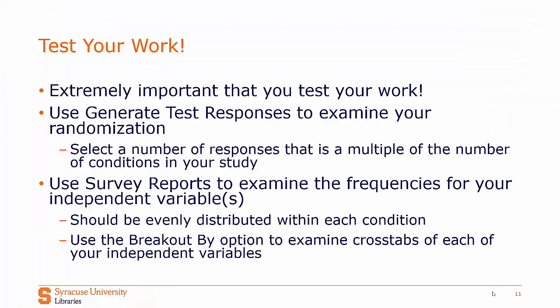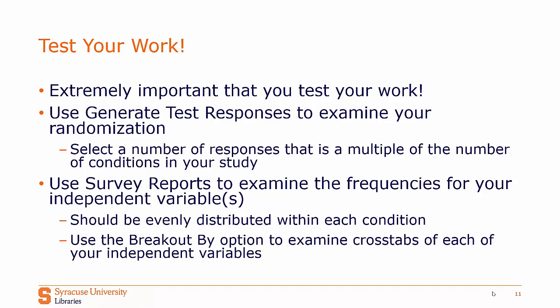Now that you've created your instrument and all of your survey flow, it is vitally important that you test your work before you distribute the survey. You can use generate test responses to examine your randomization. You should select a number of responses that is a multiple of the number of conditions or experimental groups in your study.